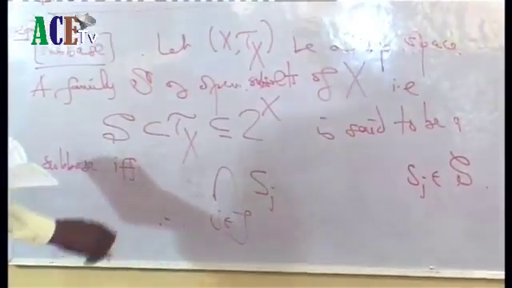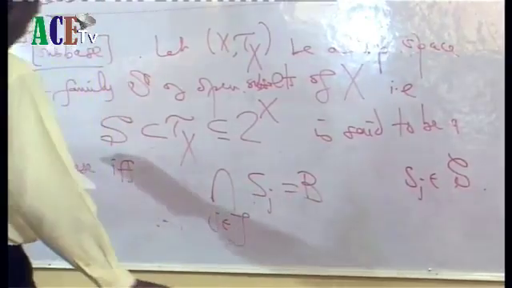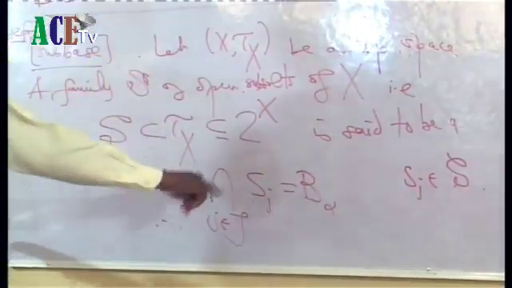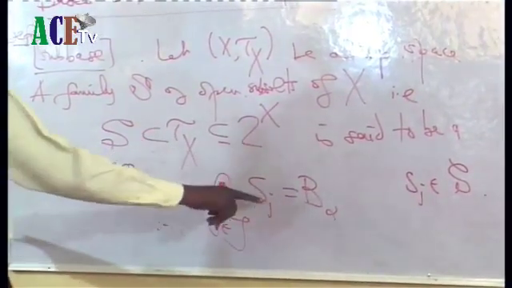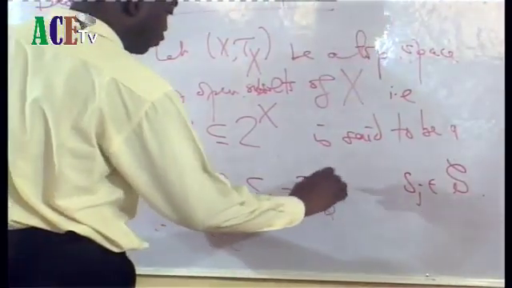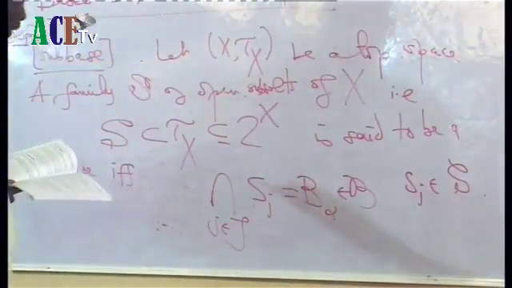So if you can write the intersection of subsets of the open set to be equal to this, then this actually is what? A subbase.